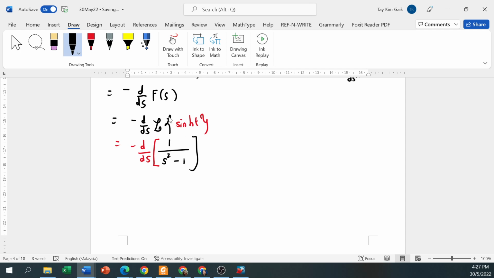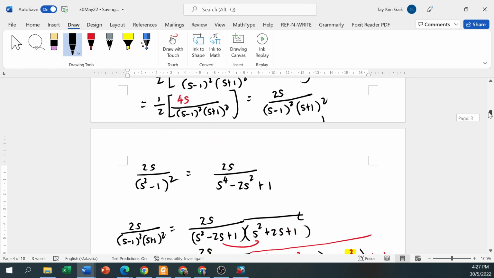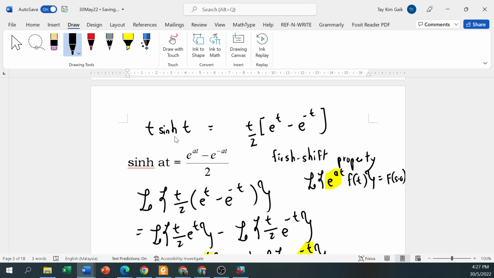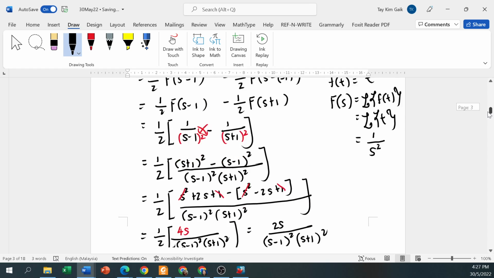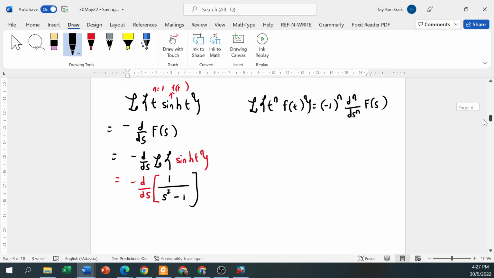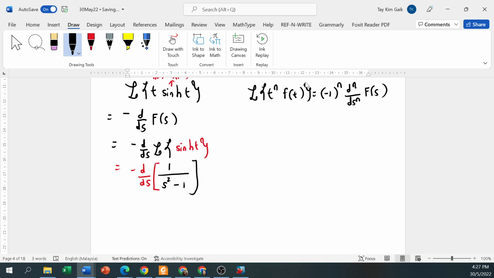Now, the same question. Just now we solved it using the first shift property, by changing hyperbolic sinh t to half of exponent t minus exponent negative t. Now we use the multiplying by t^n property. We use this formula because if you have a product of t with f(t), then you use this property.